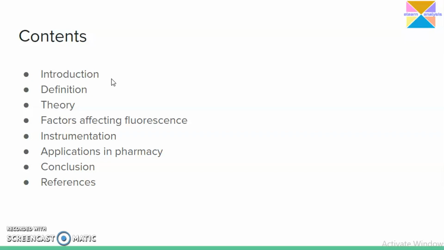In this session, I would like to take up the factors affecting fluorescence, and there are several factors which definitely affect the fluorescence phenomena, and I would like to discuss these factors one by one.